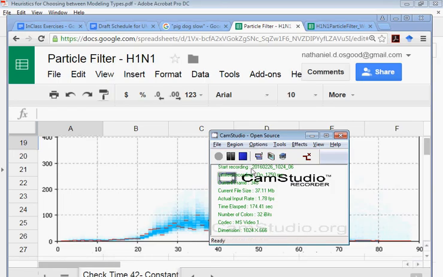An example would be we do a tremendous amount of work with administrative data in Canada.